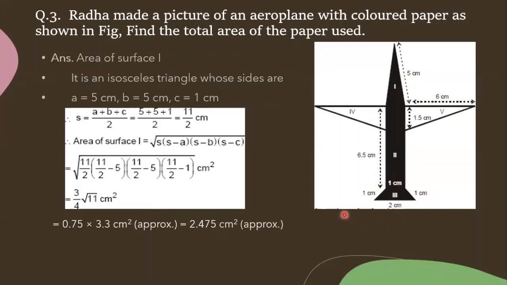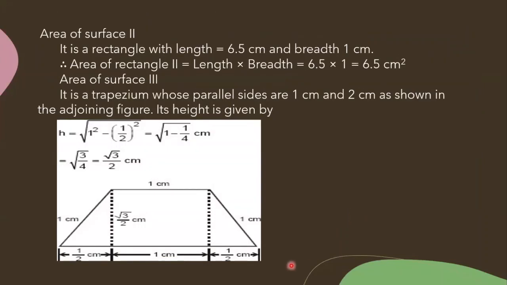Am I clear, children? Now I'll take that trapezium separately. I will explain now. To find the height, you can do it by two methods. You can draw one parallel line here, so that you'll get one parallelogram and one triangle. That way also you can try. Or here you can draw two heights.